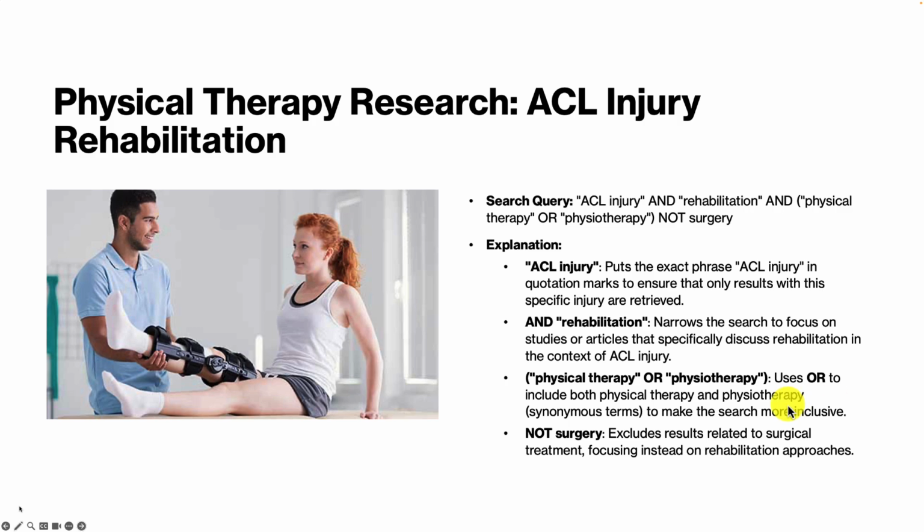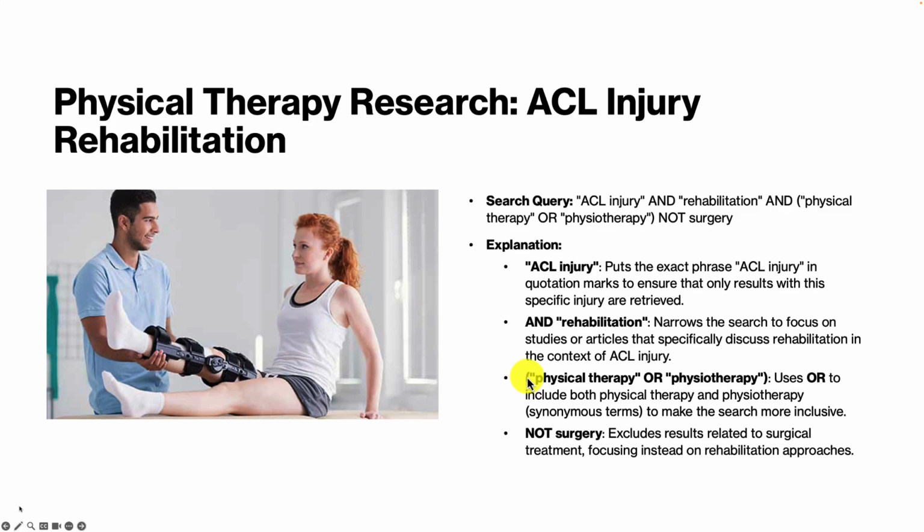So now if I say and rehabilitation, that's going to punt papers that might be like ACL injuries in football, or ACL injuries in hockey, or ACL injuries in volleyball, right? So because I put rehabilitation, that's going to make things more specific. It's going to now tell the computer that I'm looking for how this phrase is going to interact with this phrase, and this narrows that scope.